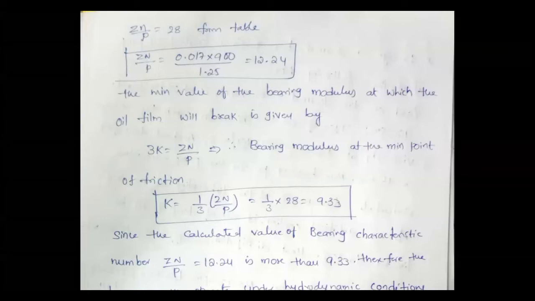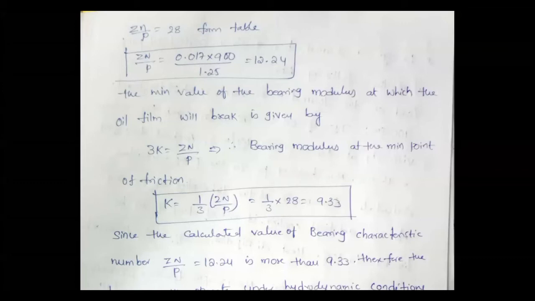Now please observe your data book. What is the Zn by P value in your data book? You will have the Zn by P value for a centrifugal compressor.